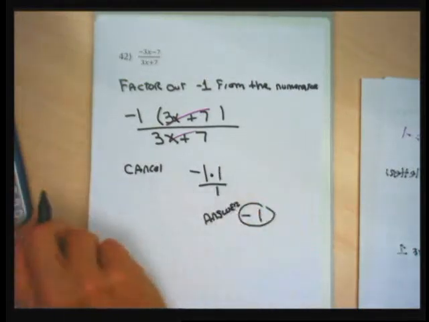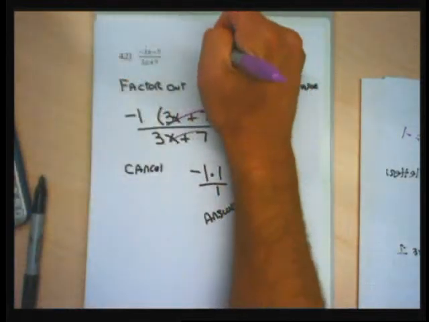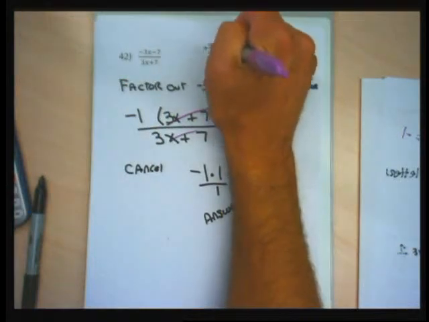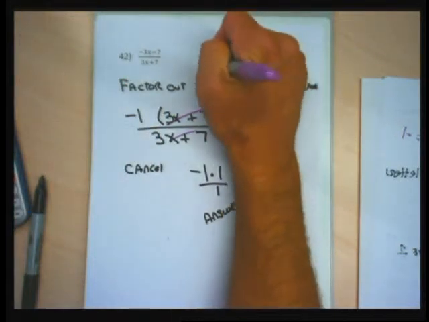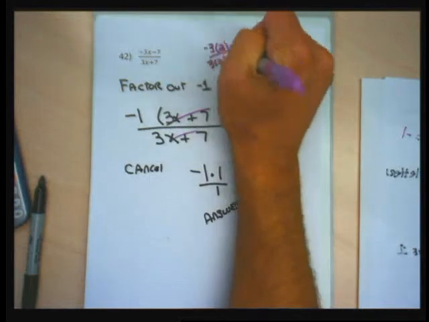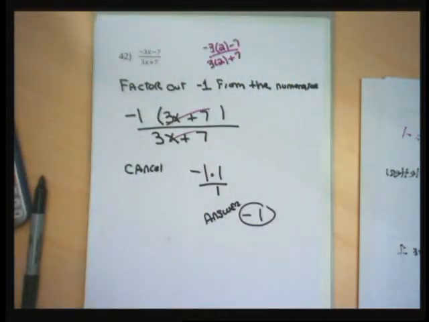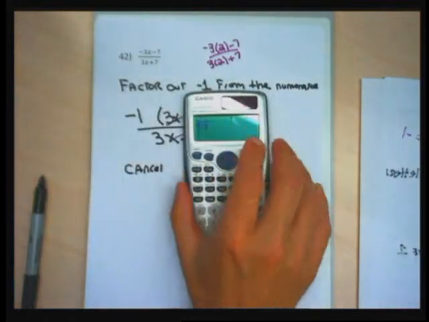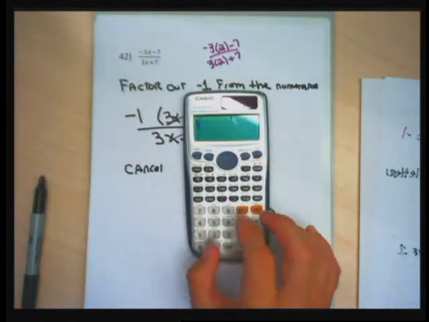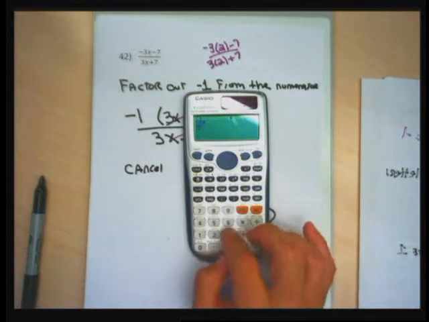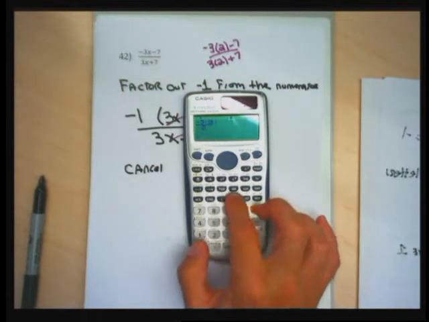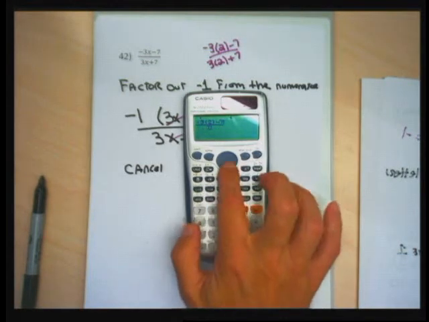Again, if I want to check, if I took a number like 2 and plugged it in for x, and did -3 times 2 minus 7 over 3 times 2 plus 7, it better be the case that when I do that, I get -1, because there's no place to plug that 2 in my answer, which tells me, regardless of the number that I plug in for x in the original problem, I better get -1.